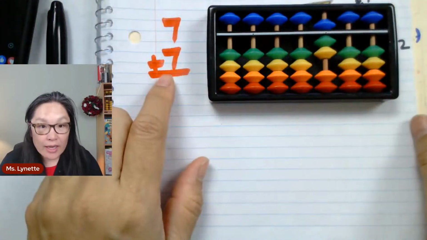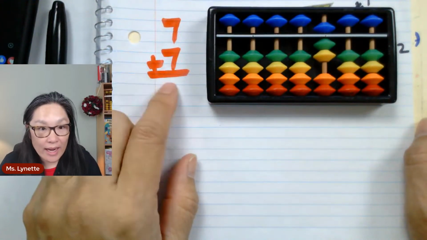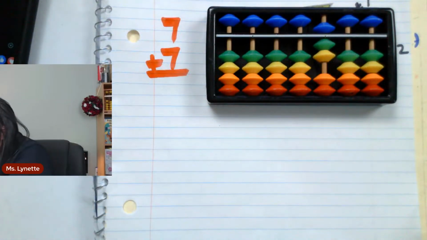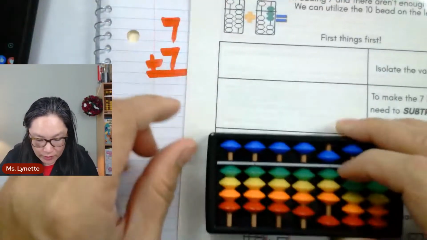So I have 7, and then I want to add another 7. When I add another 7, do I have enough? No. What do I do? I know this framework. I'm going to plus the 7.